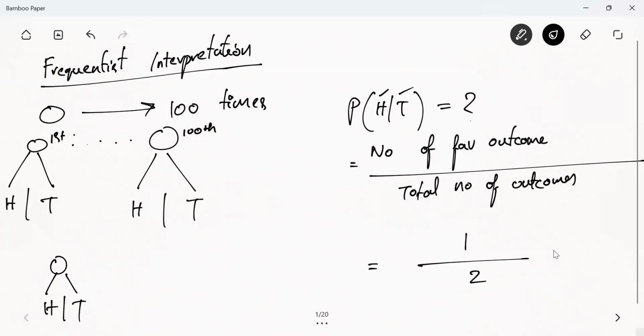So this 1 by 2 is only for one flip, but we have flipped it 100 times.